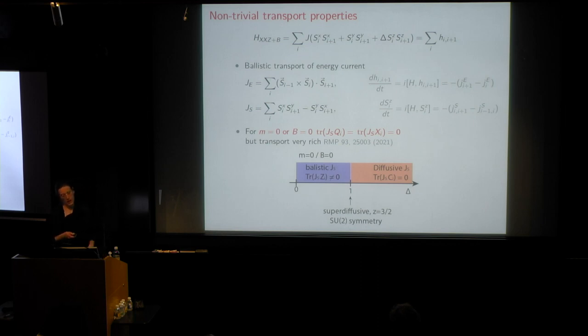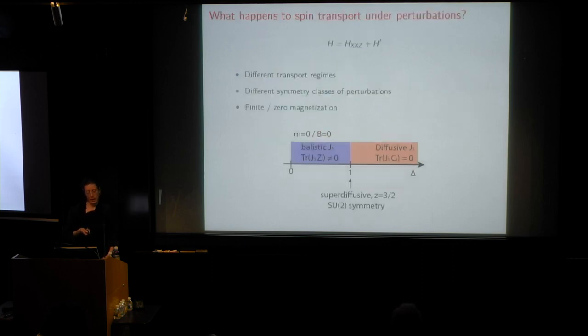The focus of this talk will be what happens to these different regimes once we weakly break the integrability, because that is, of course, very realistic. In most experimental realizations, the integrability cannot be exact, at least not on longer timescales.